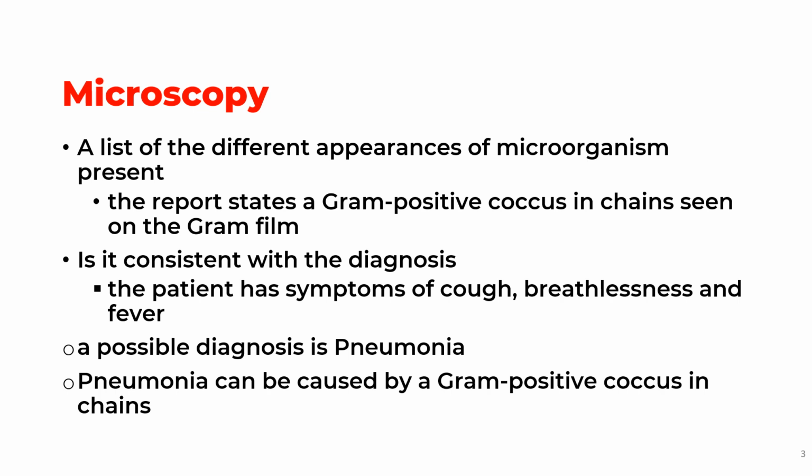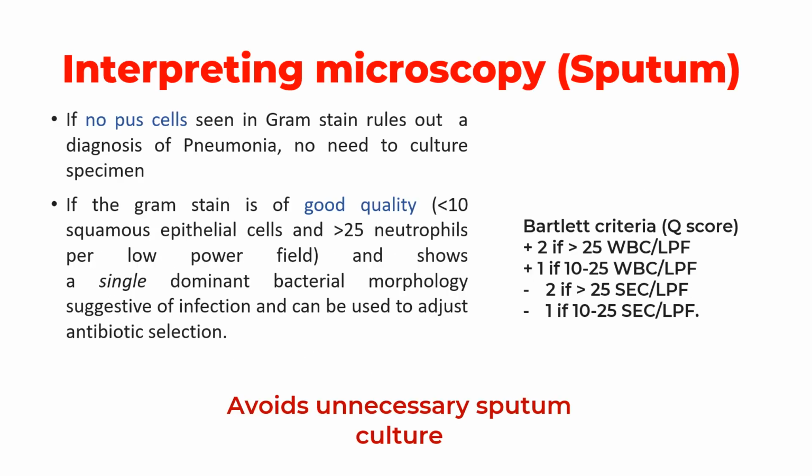This is how microscopy results, the gram stain results of the morphology of the organisms, can indicate infection and a probable organism. Similarly, along with the morphology of the organism, the other two factors that are important while interpreting samples are pus cells and epithelial cells. For example, in sputum sample, there is a criteria called Bartlett's criteria or Q score. The criteria mentions scoring, say +2 if the WBCs are more than 25 per field, +1 if the WBCs are in the range of 10 to 25 per field.